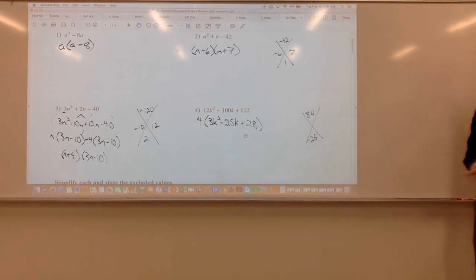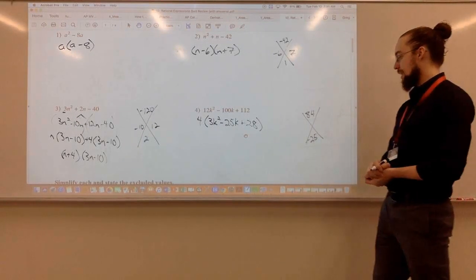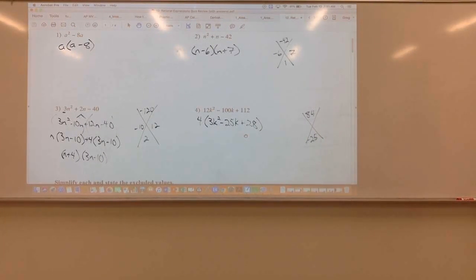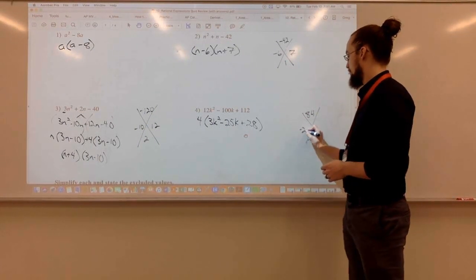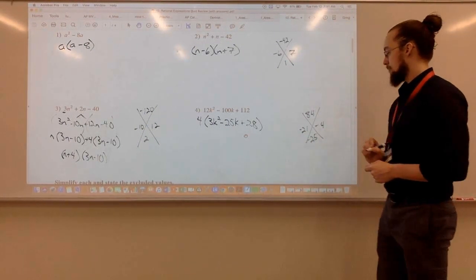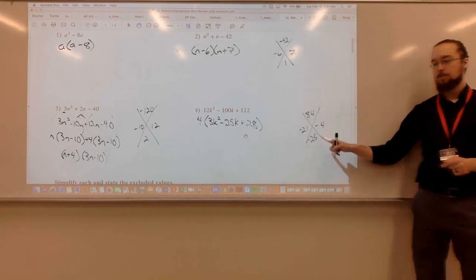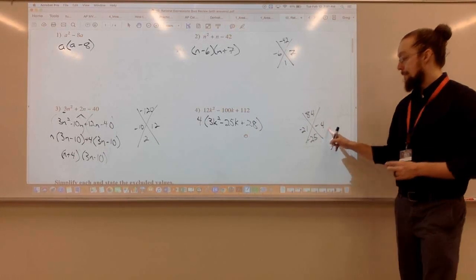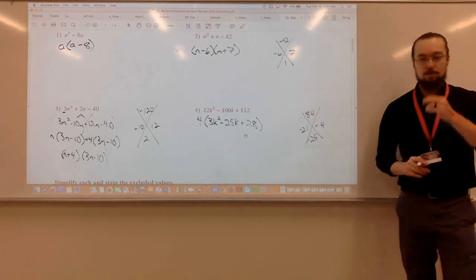So I want two numbers that multiply to 84 that add to negative 25. Negative 21 and negative 4. Negative 21 plus negative 4 is negative 25. Negative 21 times negative 4 is positive 84.